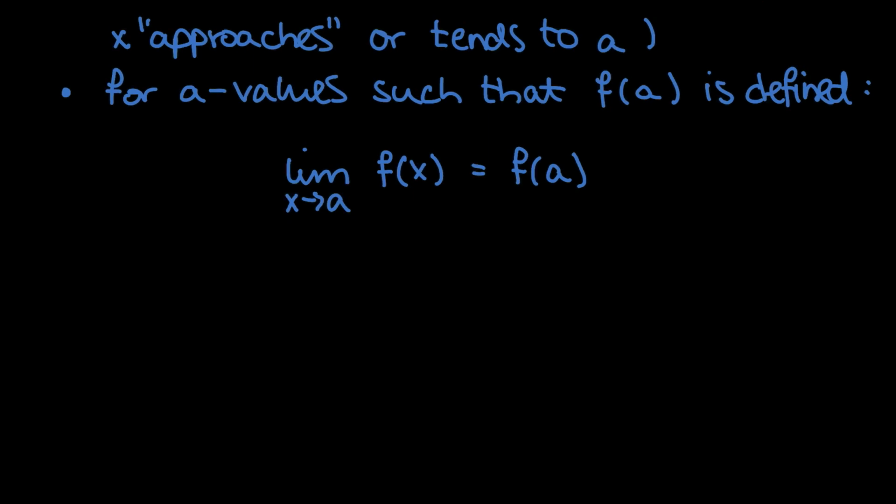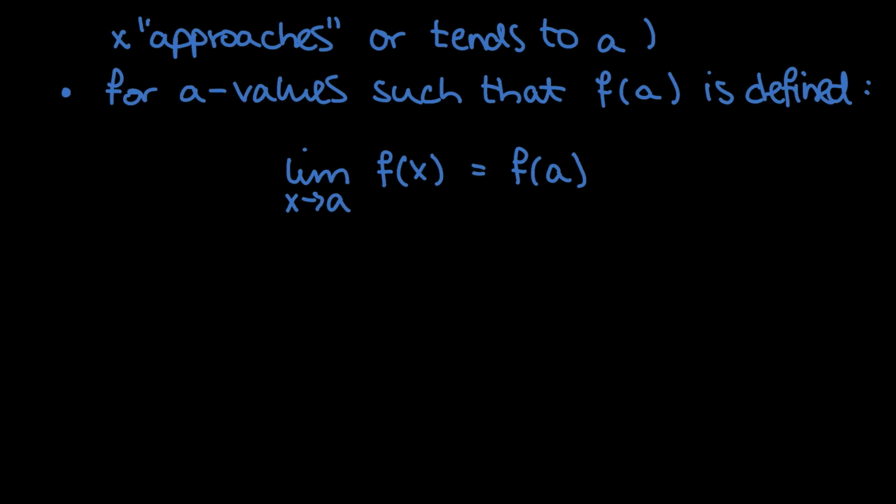Now, originally we said that limits are often used in order to assign output values for input values x for which the function isn't defined. But it's also possible to evaluate a limit as x tends to some value a, even if the function f of x is defined at a.